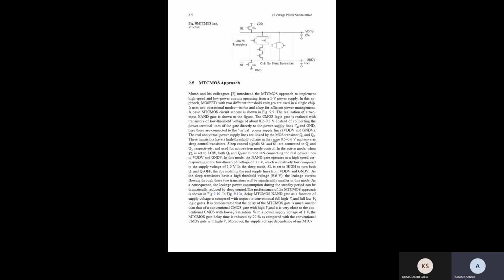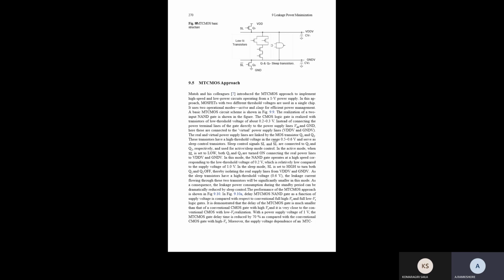That means if SL is 0, SL bar is 1, so the inverting input is applied to the ground terminal transistors. For active mode, SL is equal to low input 0.